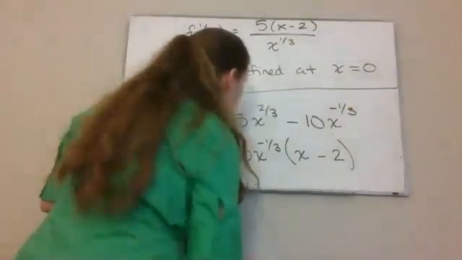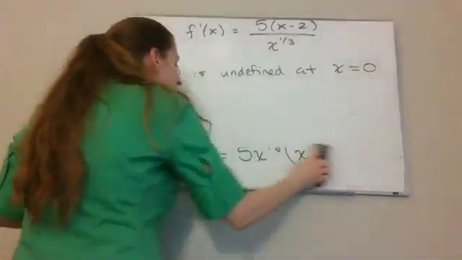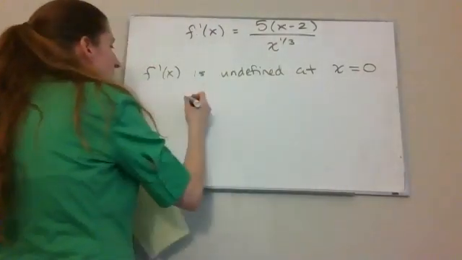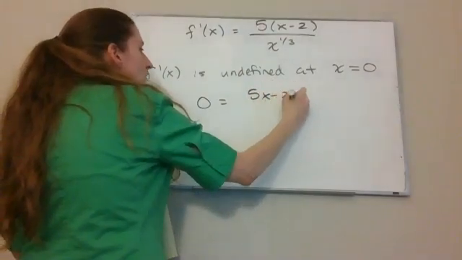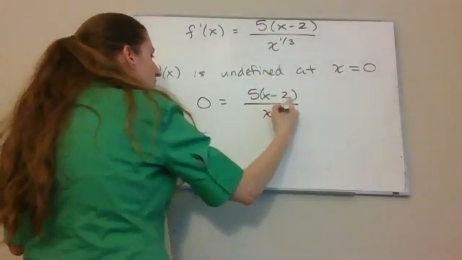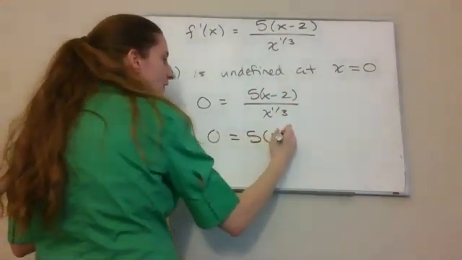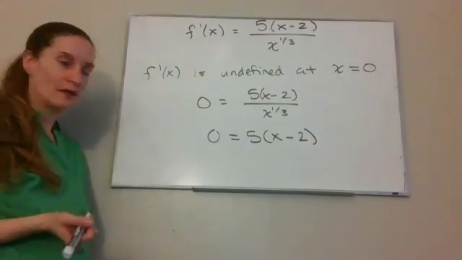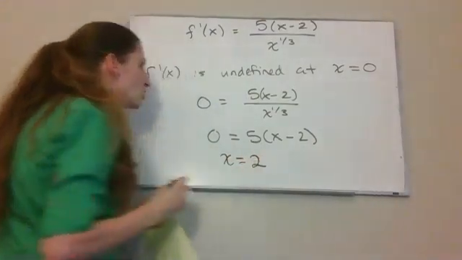Now, to find where our derivative is equal to 0, we just set the whole thing equal to 0 and solve. So if I multiply by the denominator on both sides, I have this. So really, it's just the numerator equals 0. And this is 0 when x is equal to 2.